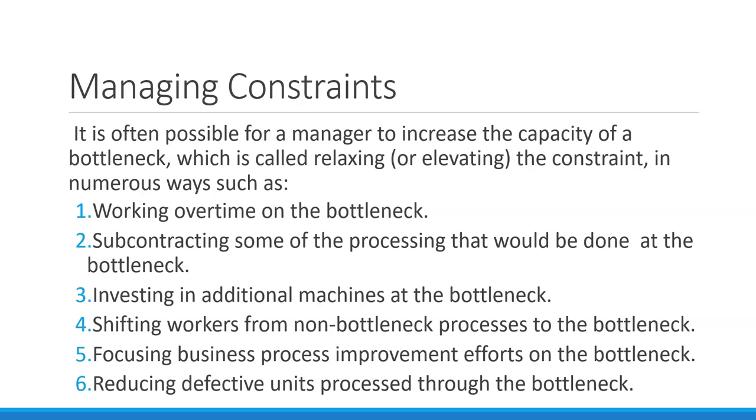Two is to subcontract some of the processing that is done at the bottleneck, which means that we would pay someone else or outsource what machine A1 does to a contractor who can do the same thing. Three is buying another machine. Four, shifting workers from non-bottleneck processes to the bottleneck. That really only works if it's a direct labor constraint. If it's a machine hour constraint, putting extra laborers on it isn't going to alleviate that constraint.